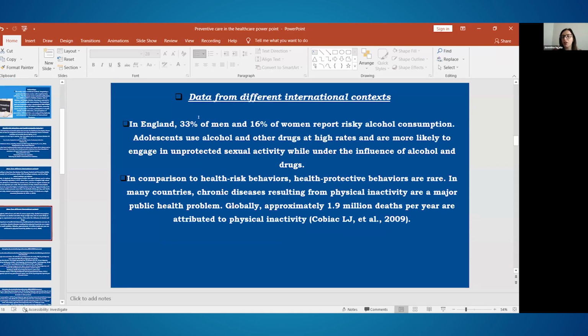In England, 33% of men and 60% of women report risky alcohol consuming.